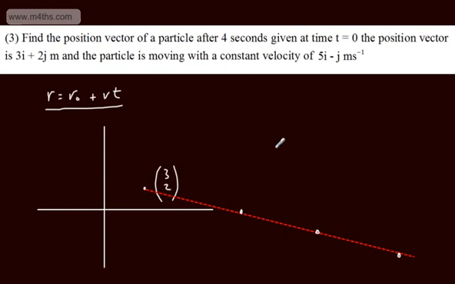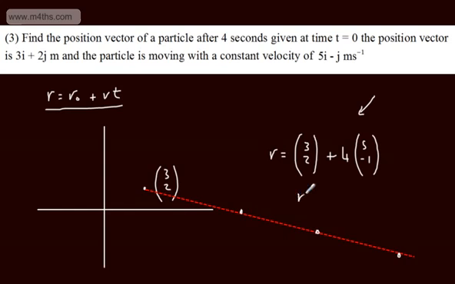So what we can say then is where we end up, which is r, is equal to r0, which is 3, 2. This is the position vector relative to the origin, plus now 4, that's t, multiplied now by my velocity vector. So what we've got then is the 5 minus 1. This is column form. I prefer working with column form, but you might be better off working in ij notation.